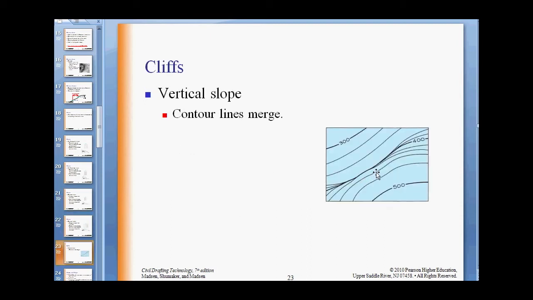Okay, and here's a cliff, and you can see that all the contours are running into this one point. If you have sandy soil, just regular native soil, that's probably not going to occur. This is a case where you have maybe rock or something real stable that's holding that together.